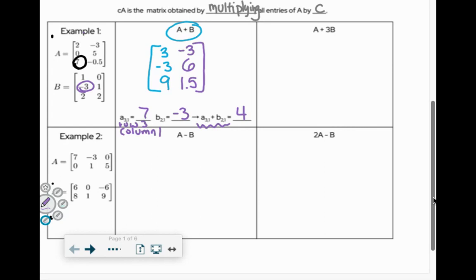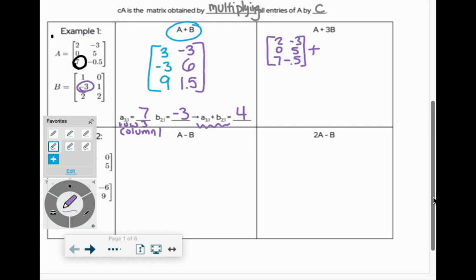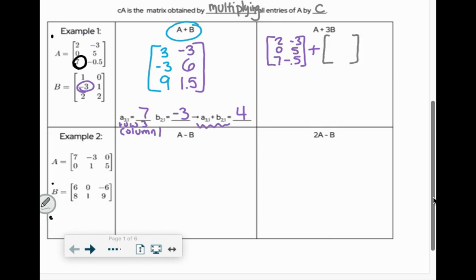Now, let's try the next one, which says A plus 3B. What that means is we're going to take A and add it to whatever 3 times B is. I'm going to say this out loud as I write it down, but I am multiplying everything in B by 3.